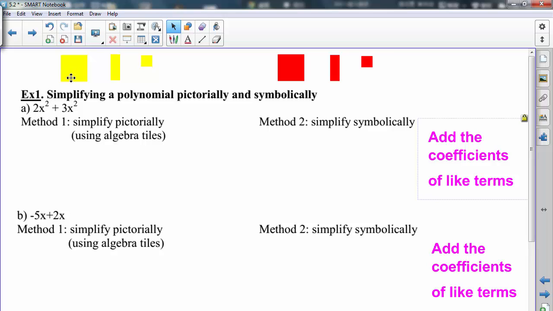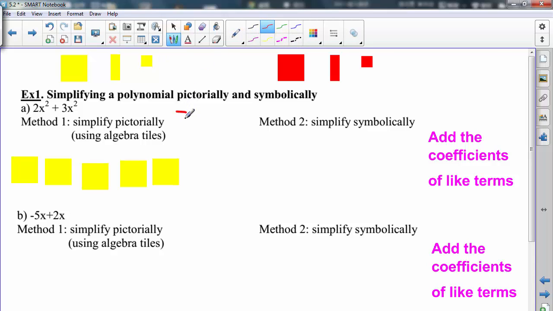That means I can drag 2 yellow big squares. Plus 3x squared, that means I can drag another 3 yellow big squares. How many big yellow squares are there? You will see there are 5. So if I simplify these two terms by combining them, the answer is 5x squared.